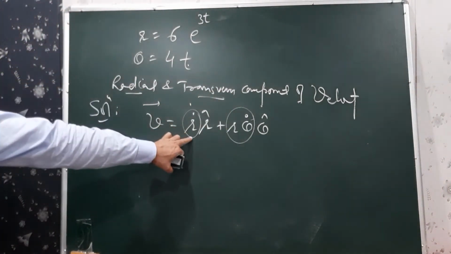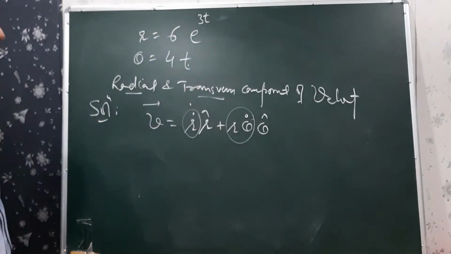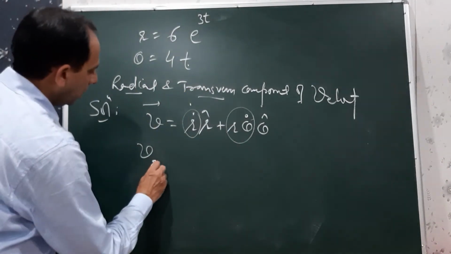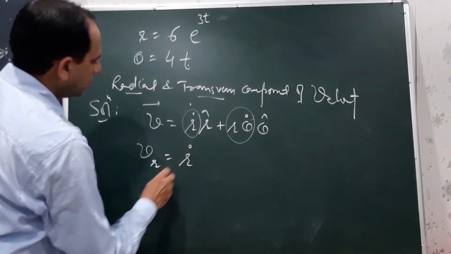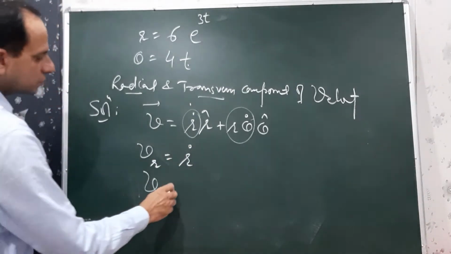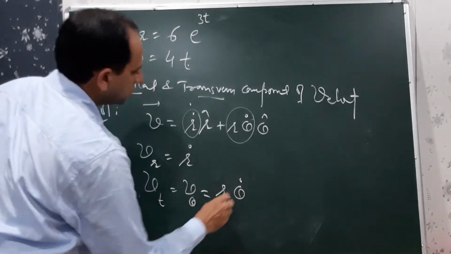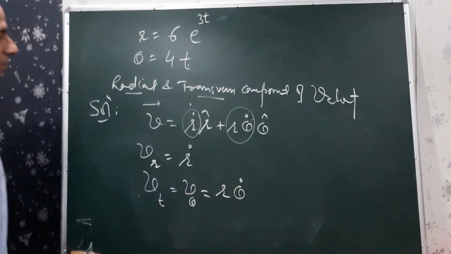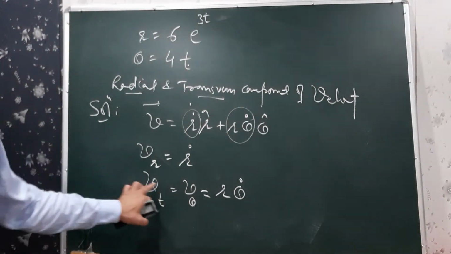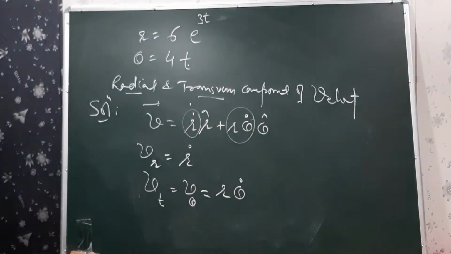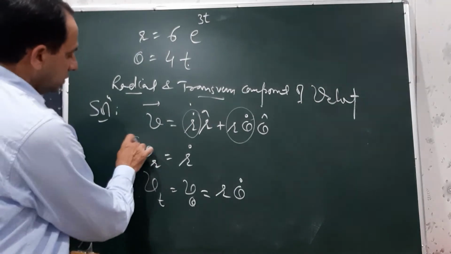Radial means the first one, transverse means the second one. So, radial V r is equal to r dot and transverse V t or V theta is r theta dot, t meaning transversal. So, we have to find these two components.